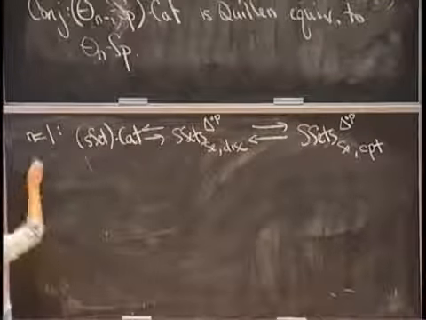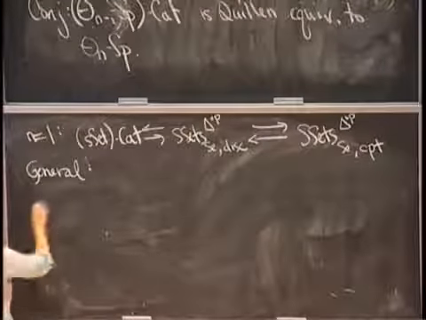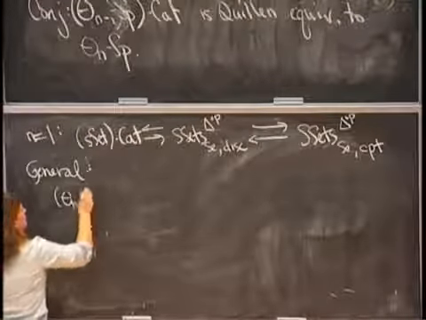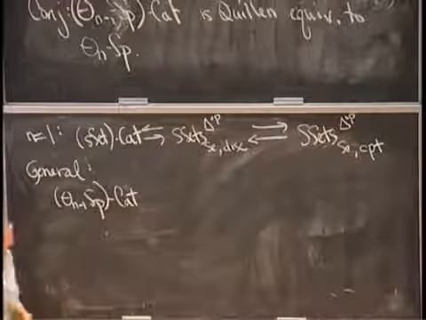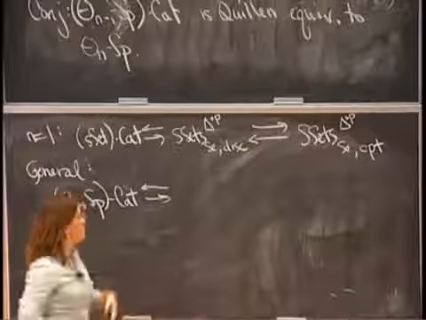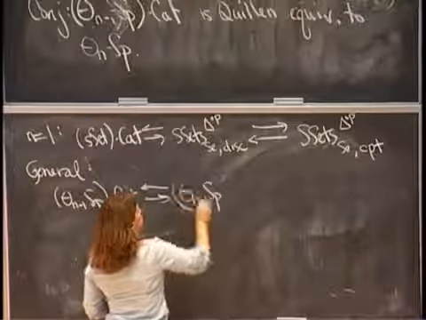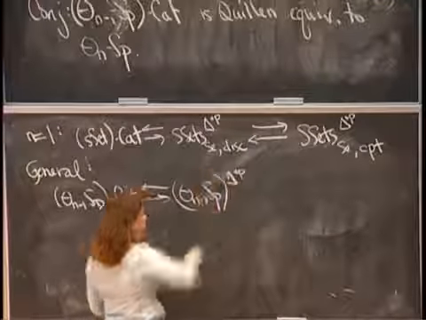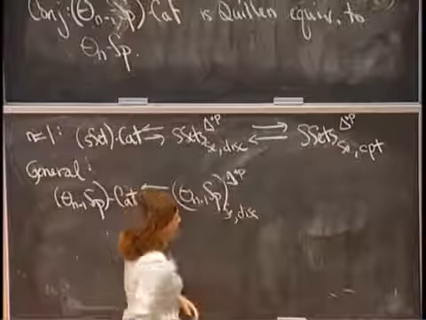So the general case should look like this: I should have theta n minus 1 categories enriched in theta n minus 1 spaces. I should have some kind of Segal version. So I have functors from delta op into theta n minus 1 spaces satisfying Segal and discreteness.